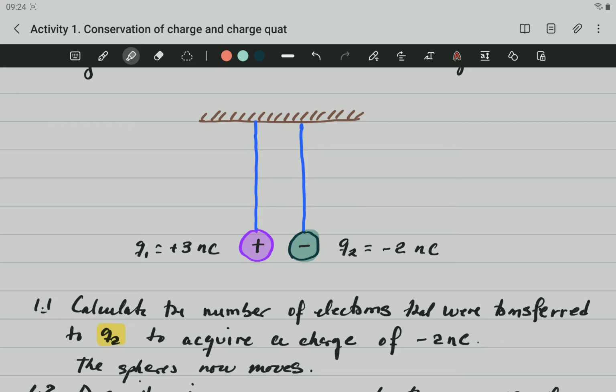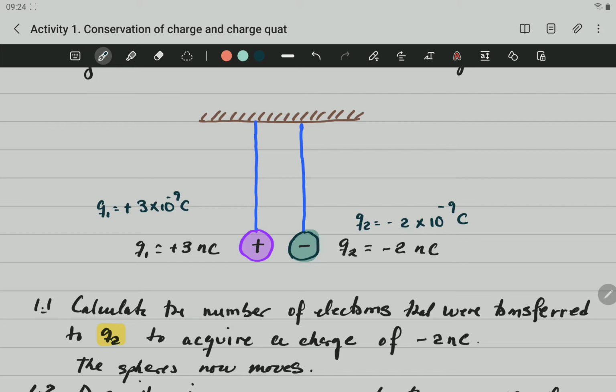Remember, you cannot work with nanocoulomb, so let's convert. Q2 is equal to minus 2 times 10 to the minus 9 coulomb, since nano is times 10 to the minus 9. And Q1 is equal to positive 3 times 10 to the minus 9 coulomb. So sometimes we have to work with coulombs and nanocoulombs.